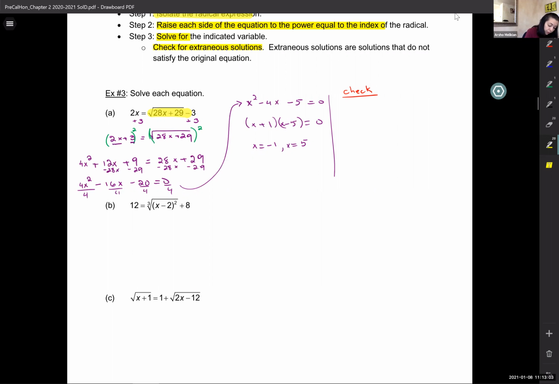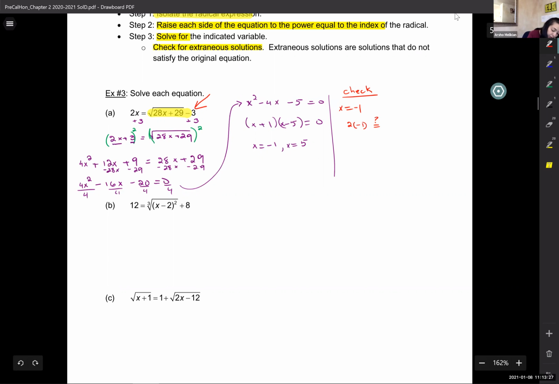What we do is you take the first one. I'm going to take x equals negative 1. And you want to plug it into the equation in a step right before you squared. So let's plug it in here. When I have x equals negative 1, I say, okay, 2 times negative 1.